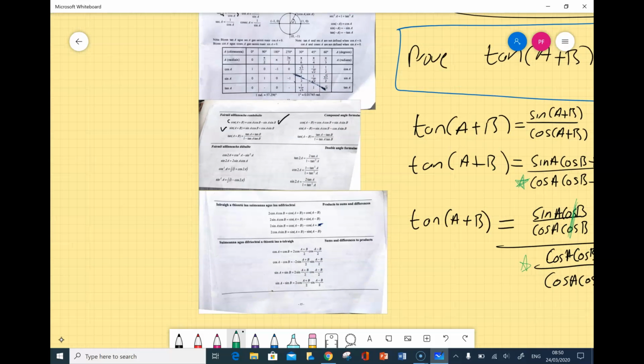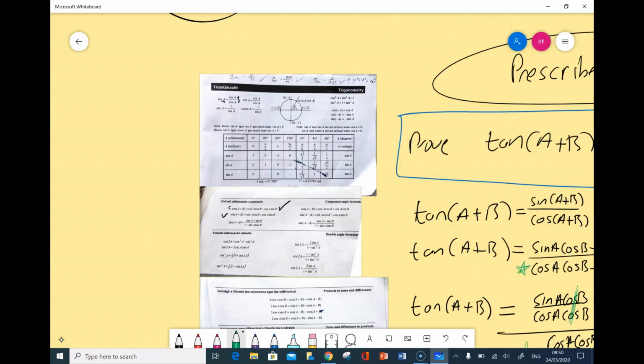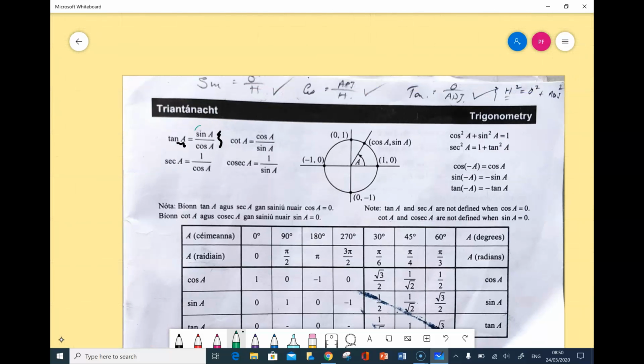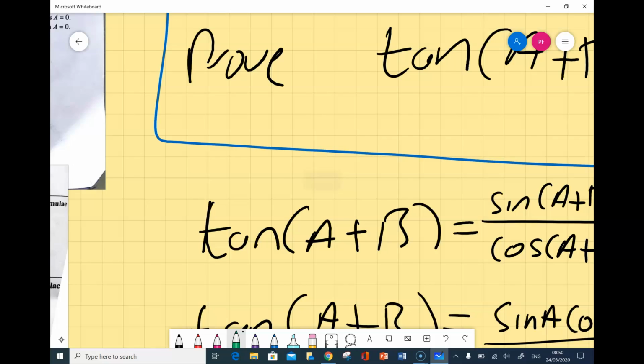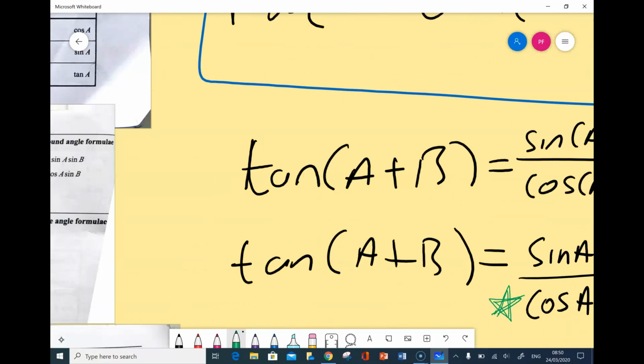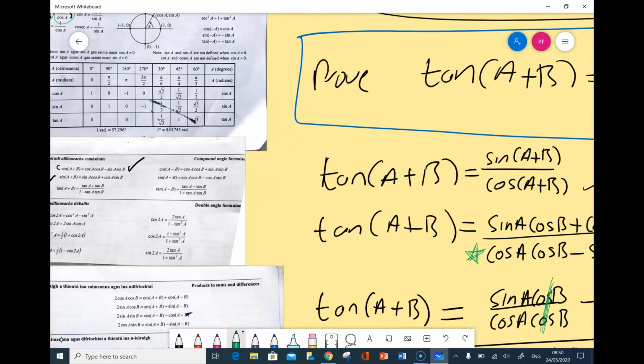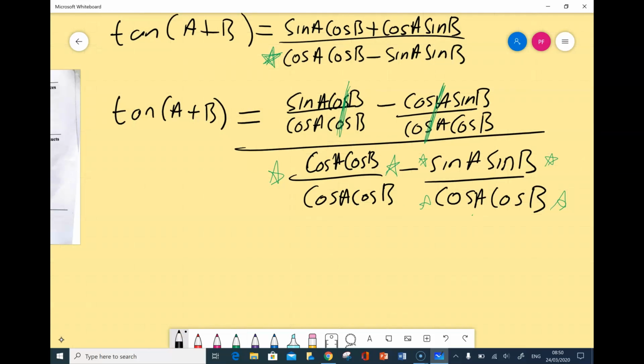But as we know from the very, very start, sine over cos is the same as saying tan. So what I'm left with at the very end, if it ever zooms out for me, is tan A plus B.